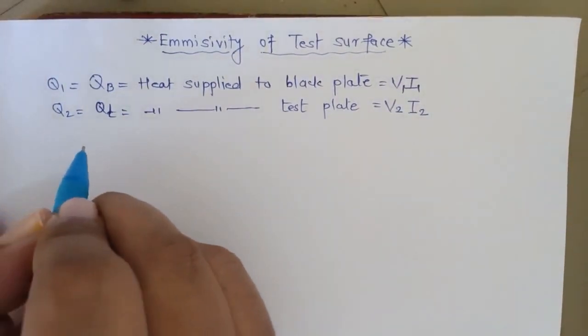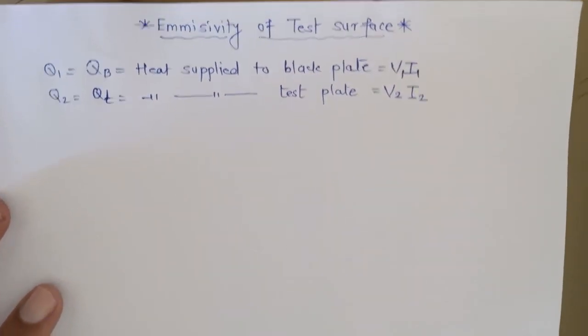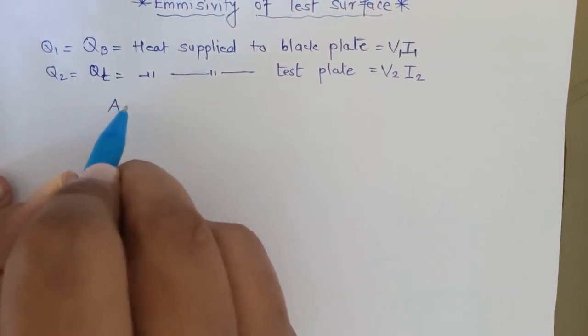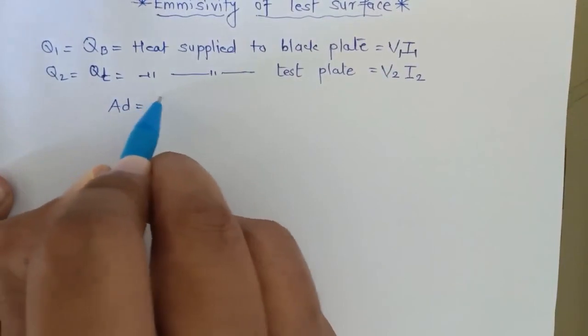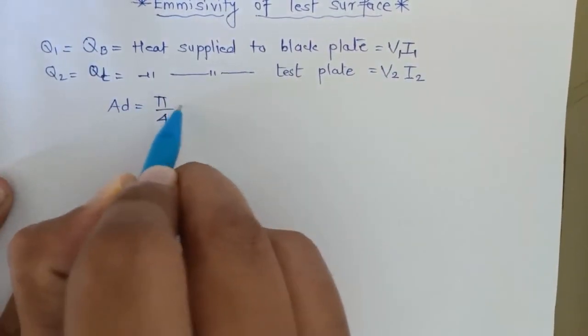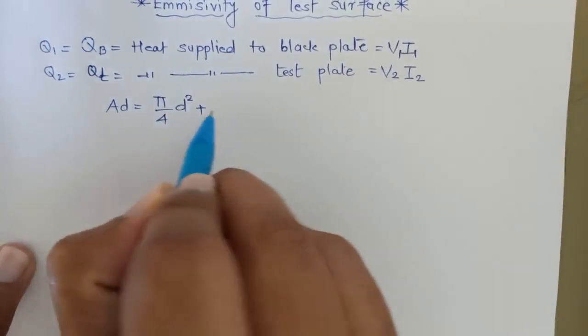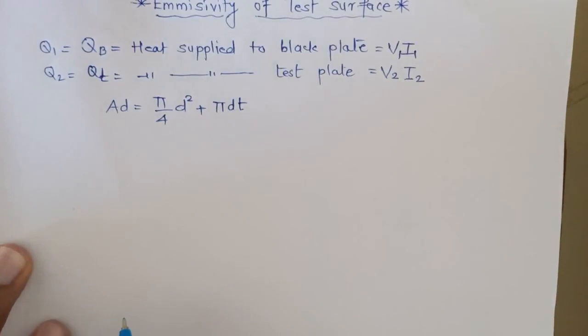Also, during the practical explanation itself, I have told that both the diameter and thickness of both the plates are the same. So the area of the disc, or area for both the discs, will be equal to their cross-sectional area, which is pi by 4 d square, plus, because of thickness, they will have some annular area, and it will be pi d t.